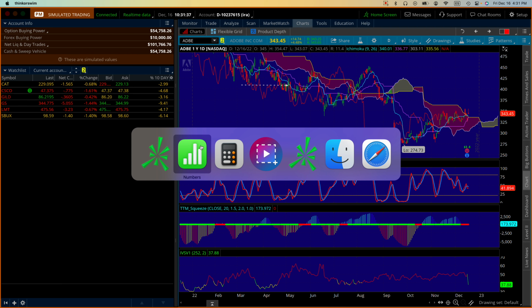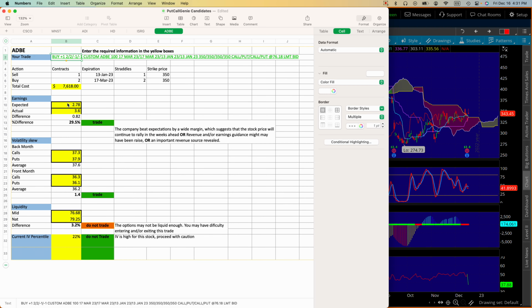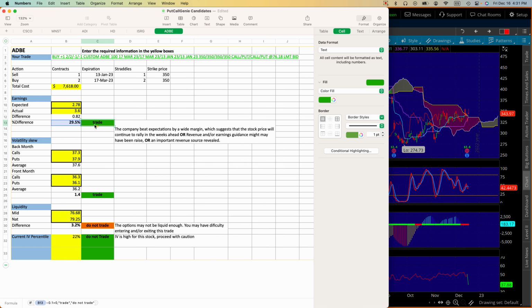You can see I put that in my spreadsheet here. Expected minus actual, the difference is 0.82, which is 29% of the expected. So I beat expectations by almost 30%.